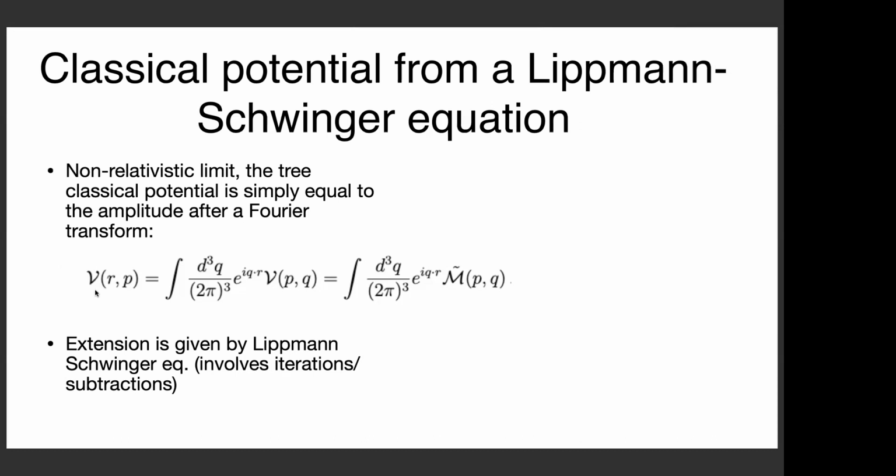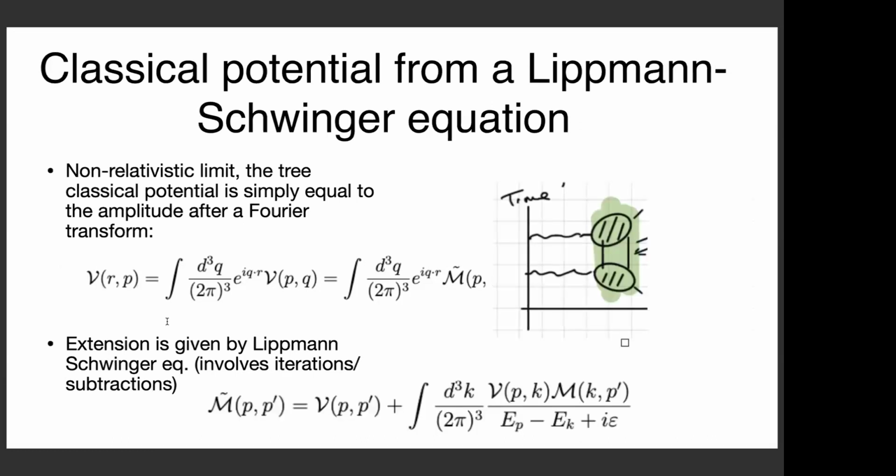And if we want to extend this also in a relativistic scheme, also if we're doing it in post-Newtonian physics, we have certain iterations to consider. So the equations that relate the scattering amplitude and the potential are linked through an iteration formula, where to leading approximation we use the Fourier transform to go between amplitude and potential.